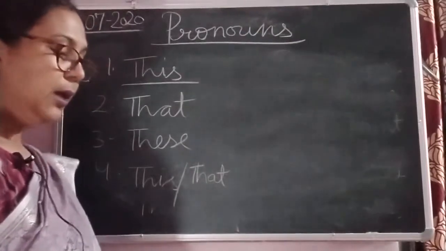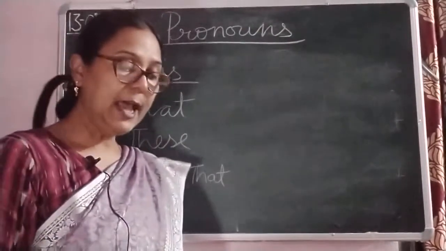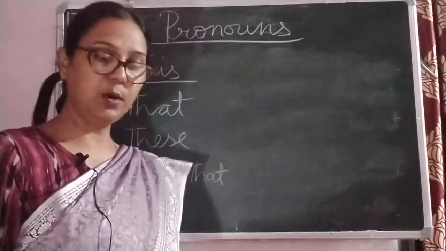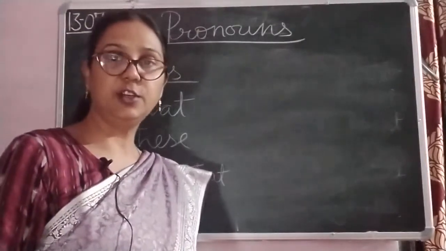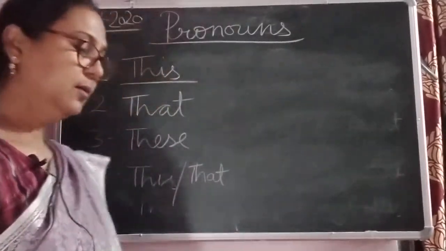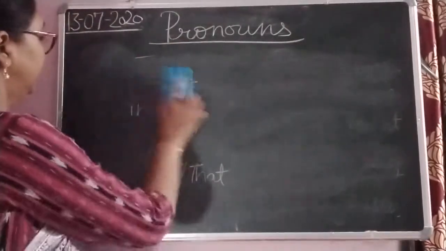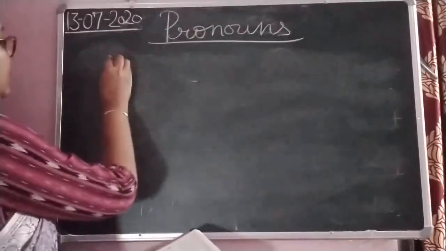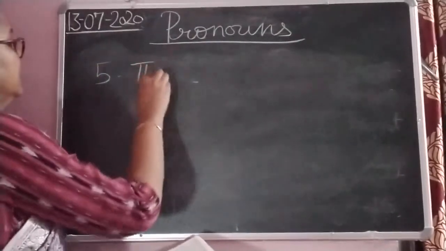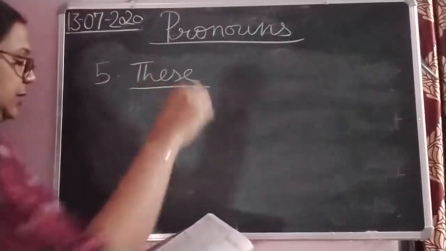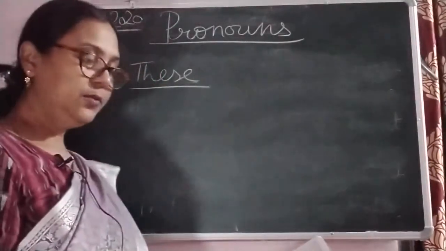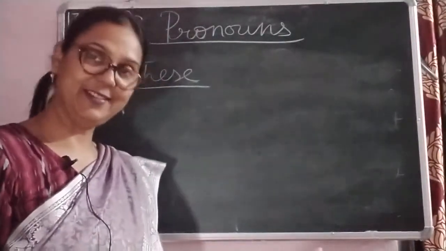Now in fifth, dash are the books which need to be returned. So here in number 5, these are the books which need to be returned.